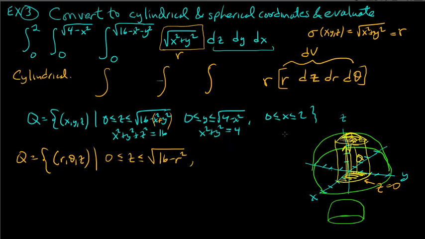And so in the xy plane, we only need the disk of radius 2. So theta just goes from 0 to pi over 2, right? 90 degrees. And then what is r doing? R is just the radius, right? So we're going from 0 to 2.